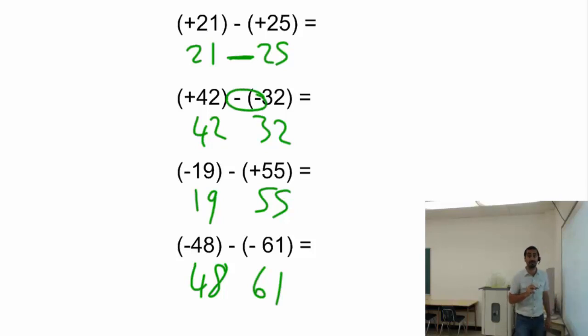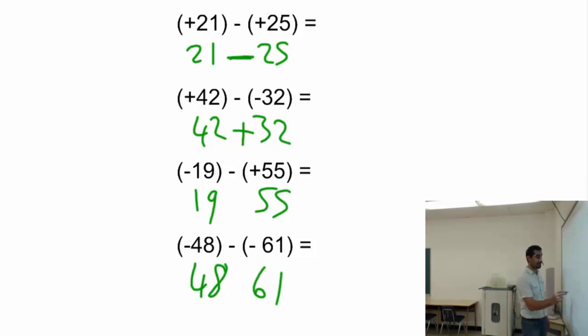I have two negative signs. Two negative signs will always give you the positive sign. Please remember that. Only if one of them is positive and one of them is negative, you will get the negative sign. If both of them are negative or both positive, you will get a positive sign. So I am going to write down plus sign here.